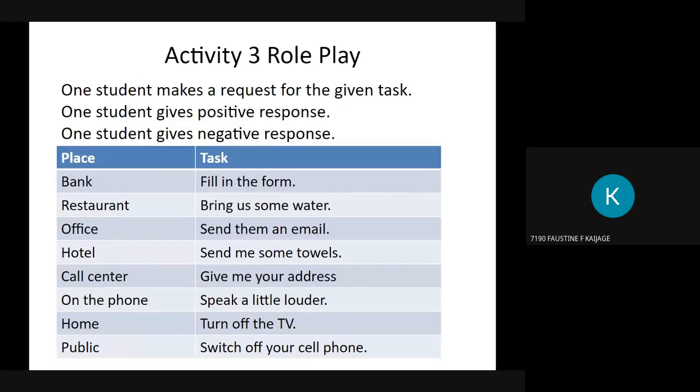I chose the one who is speaking on the phone. You were all supposed to choose the first one, but okay, no problem. Just go ahead and read your dialogues.